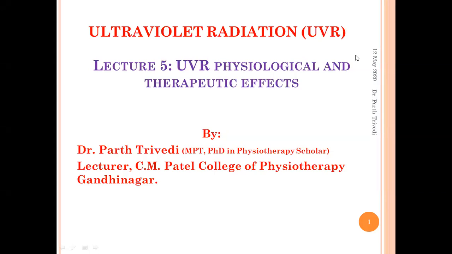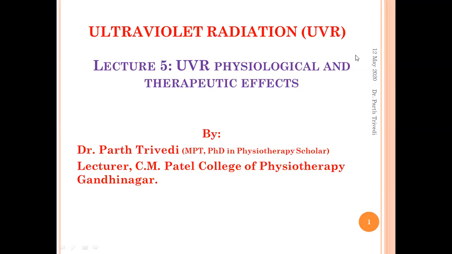This is the last lecture, lecture number 5 regarding UVR, physiological and therapeutic effects. From lecture number 1 to 4, we had seen what is the electromagnetic spectrum, therapeutic production of ultraviolet radiations, which includes mercury vapor lamps, in that air cooled lamps and water cooled lamps, and fluorescent tubes.